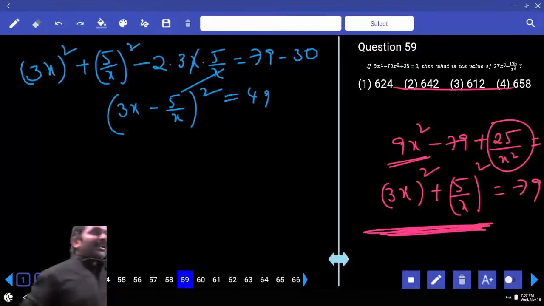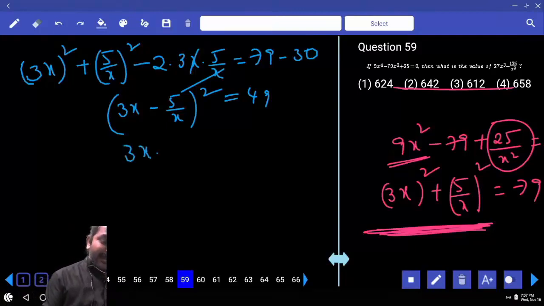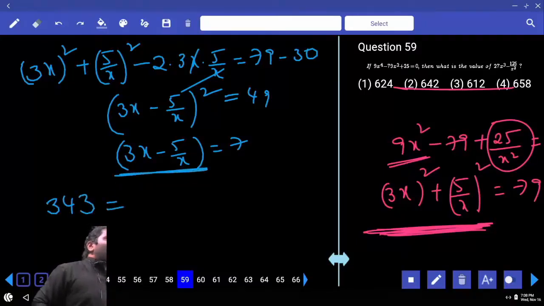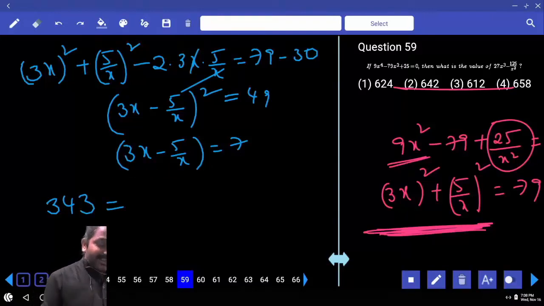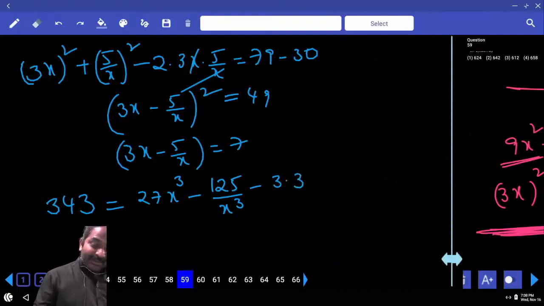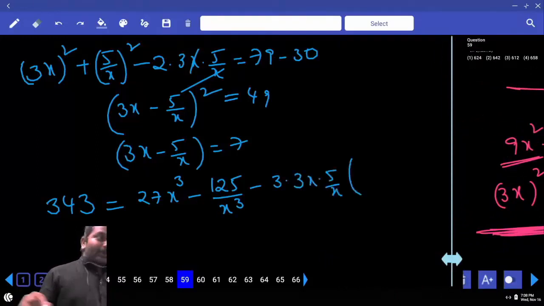Then what is 3x minus 5 by x? 3x minus 5 by x value. Come on. Now we have cube value, right? So what I will do is simply take the cube of this value. 7 cube. 343. A minus b whole cube formula. a cube, that is 3x cube, 27 x cube, minus b cube, 5 by x whole cube, 125 by x cube, minus 3ab into a minus b.